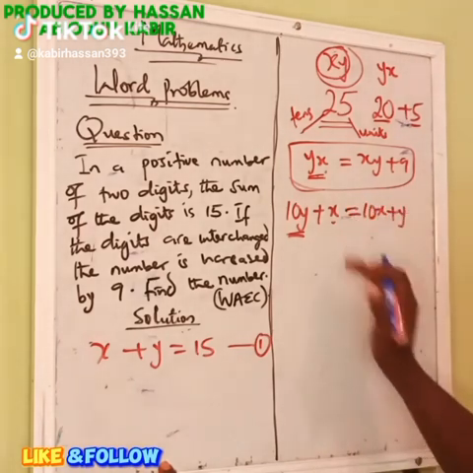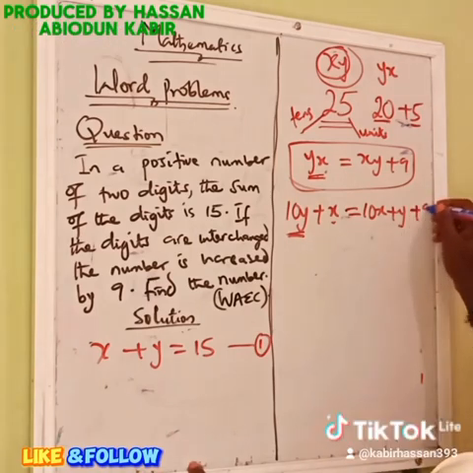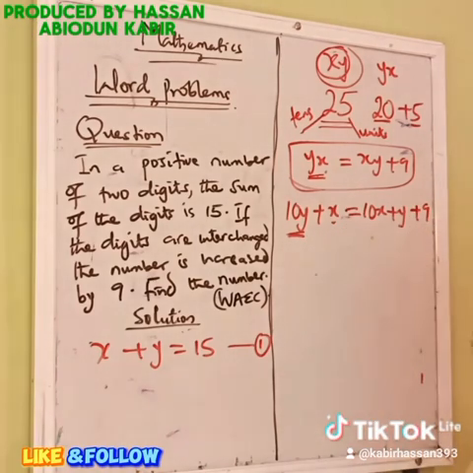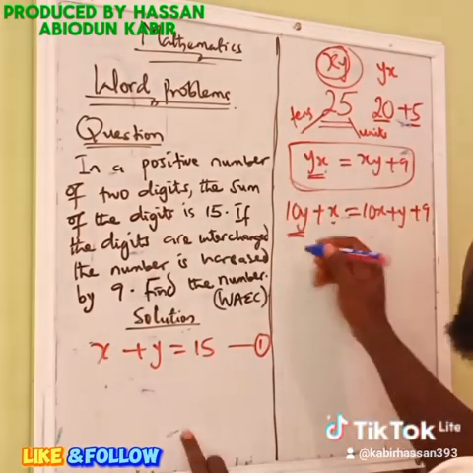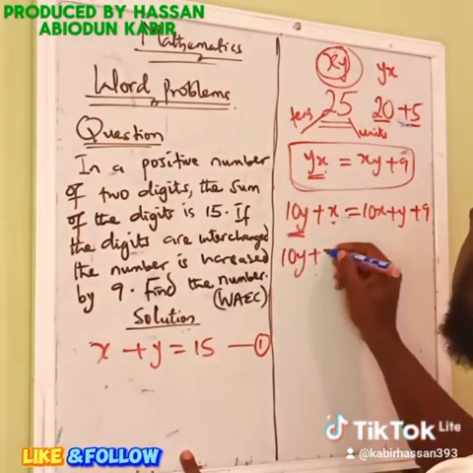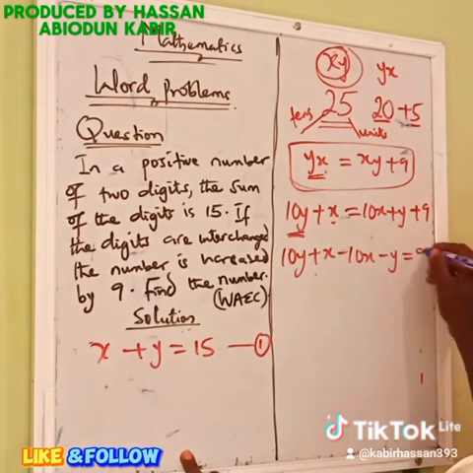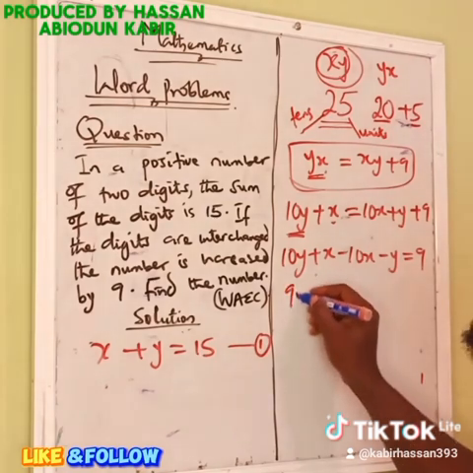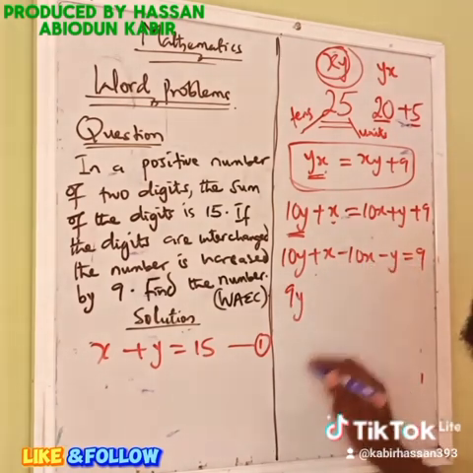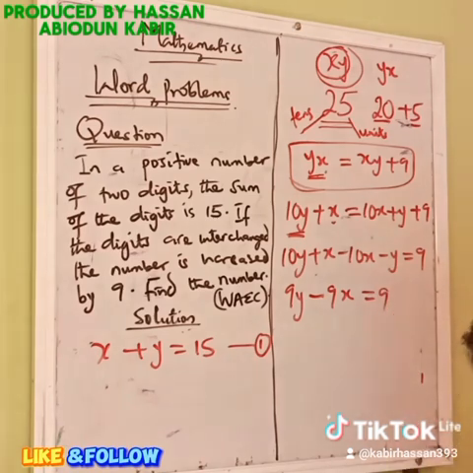When the digits are interchanged, then plus 9. From this, we are going to get the second equation. So we now have 10y plus x minus 10x minus y equal to 9. So 10y minus y gives us 9y. x minus 10x gives us minus 9x, equal to 9.